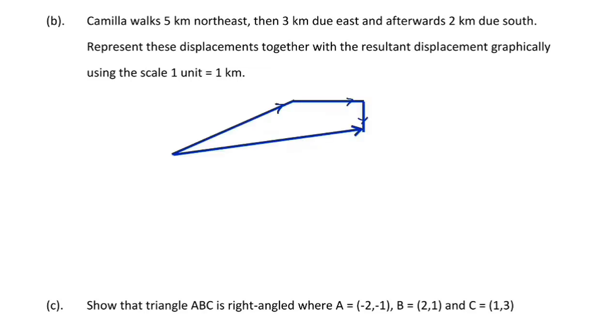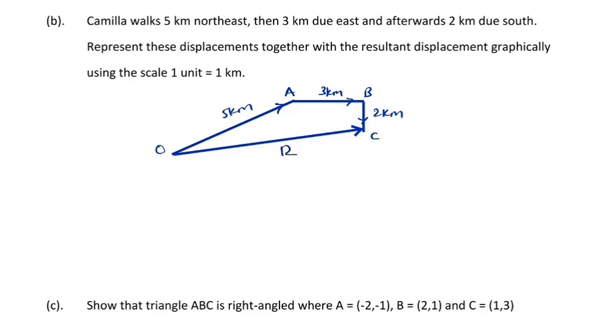So here we are going to have O as a starting point. The first step here is 5 kilometers in this direction, and then this way is 3 kilometers, and this way is 2 kilometers, and here we say this is our point A, and this is B, and this is C, and this line represents the resultant.